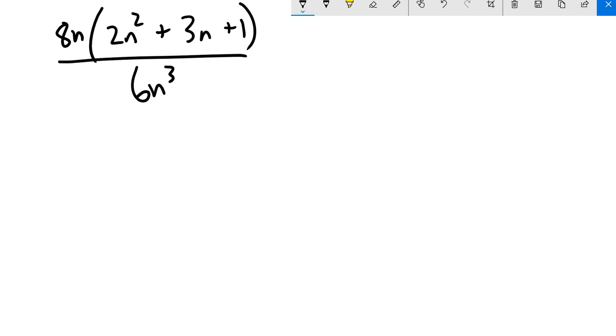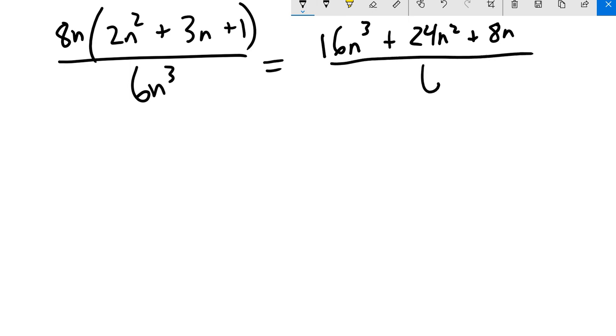So that's what we've solved for so far. Now let's multiply our 8n with everything. So we're going to get 16n cubed plus 24n squared plus 8n divided by 6n cubed.